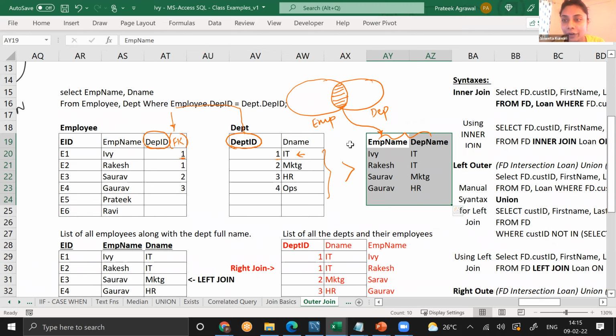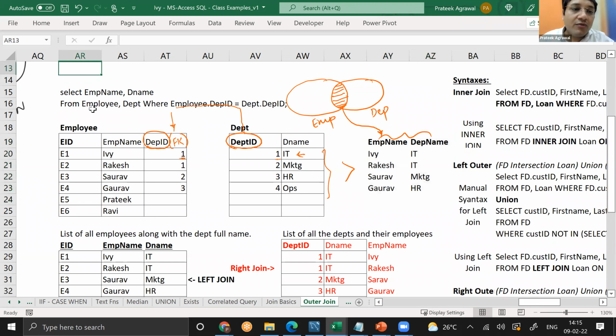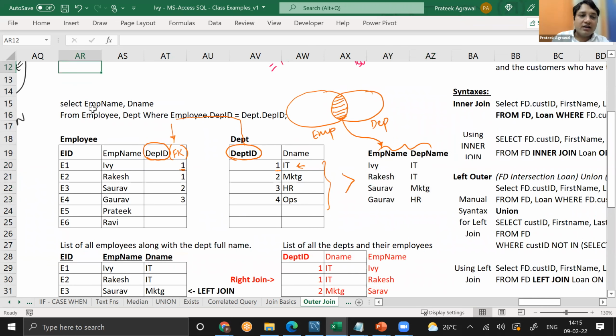Instead of where, the other way of writing this query is inner join, right?